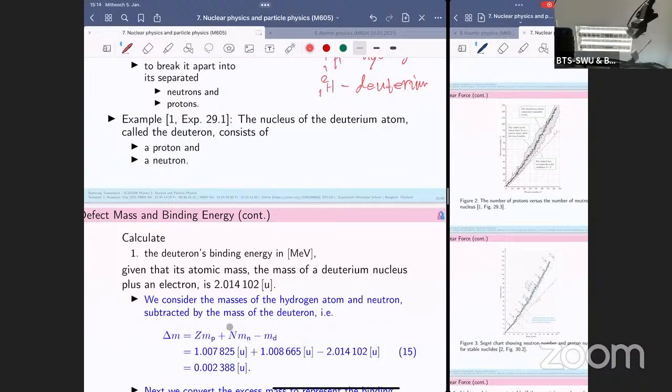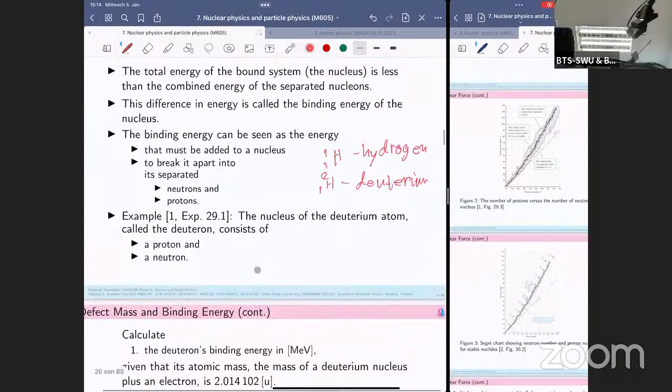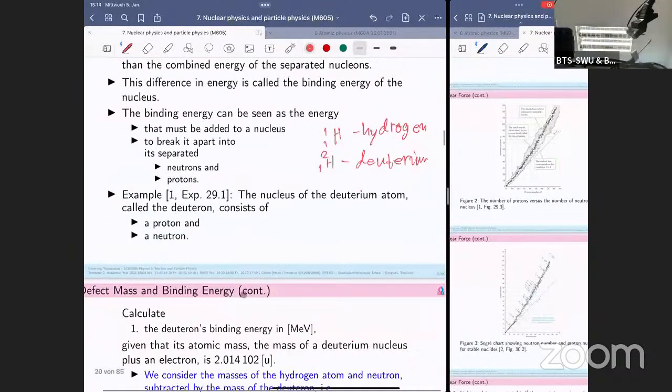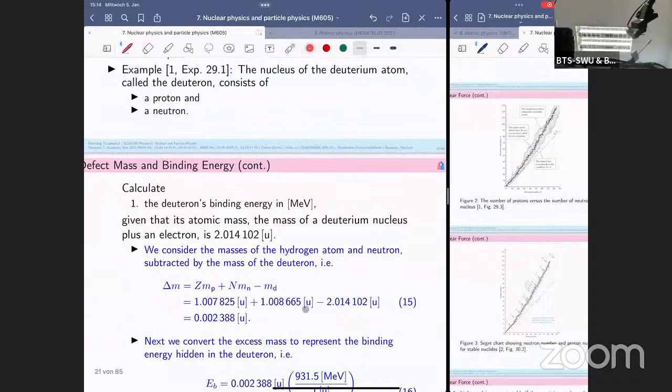The number of neutrons is only 1, and we just take the mass of neutron, 1.00866 atomic mass unit, and you multiply it by the number of neutrons, and minus MD. MD is the mass of deuterium, and they have said the mass of deuterium is 2.014102.